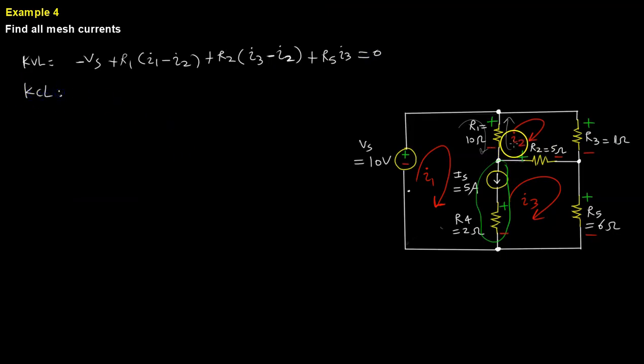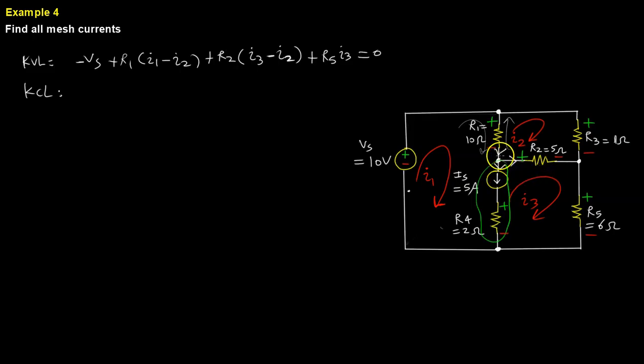Now let's consider the problematic branch and apply KCL. We know we have IS leaving this branch, we have I1 minus I2 coming into this branch, and we have I3 minus I2 leaving that branch.